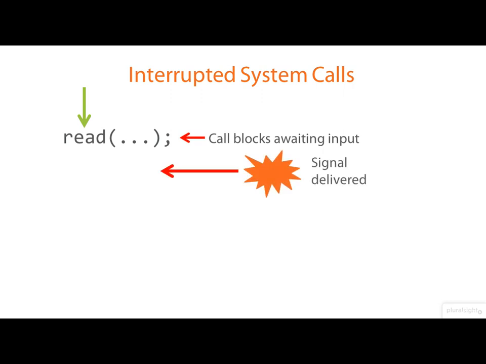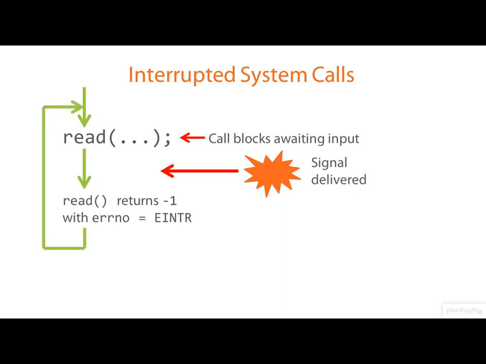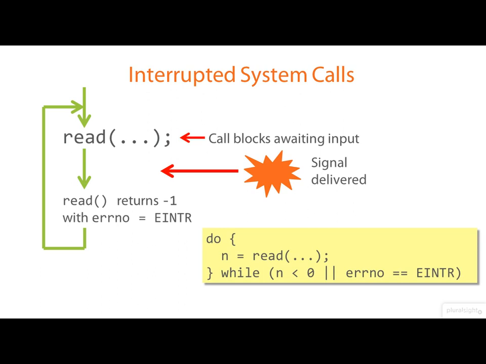Meanwhile, a signal arrives, and the read will immediately return, apparently with an error, but with an errno value of EINTR, meaning interrupted system call. If this happens, you'll usually want to try the read again. Typically, this means that you need to wrap the read call into a loop, something like the one that I've shown here.